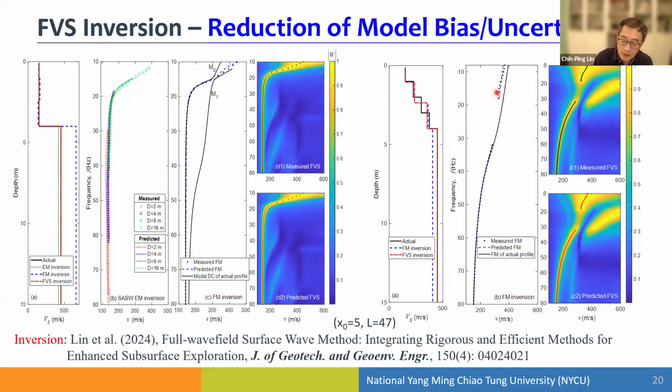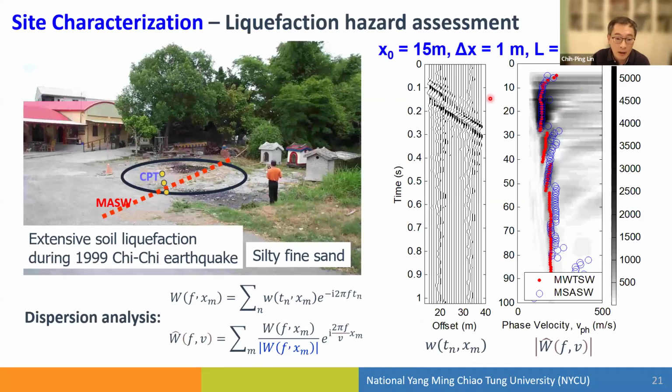You can get a better estimation of the normal mode if you have a very long receiver array, but sometimes you want to restrict your survey within your site area. So this is a case study we did 20 or 25 years ago, actually.